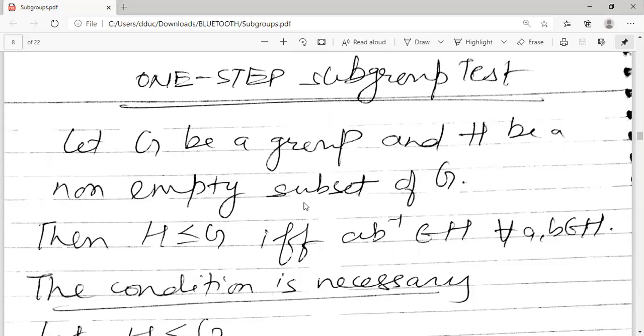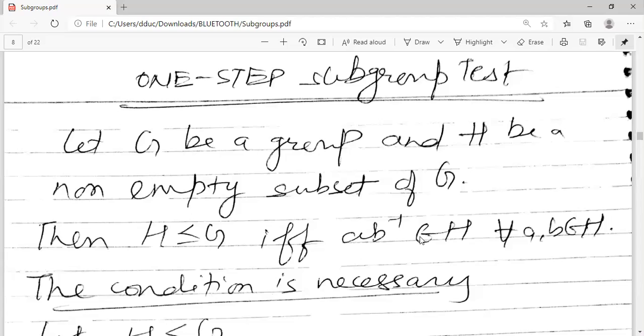It is not written that it is multiplication, but we are using multiplication because we are combining these two elements by multiplication: A into B inverse belongs to H for every A, B belongs to H. But when you have a group under addition, then the inverse of an element will become minus B, because in addition you will be having an additive inverse. This is under multiplication, where you have a multiplicative inverse, B inverse. So when you are combining two elements, you are combining by the multiplication property. So A into B inverse belongs to H.